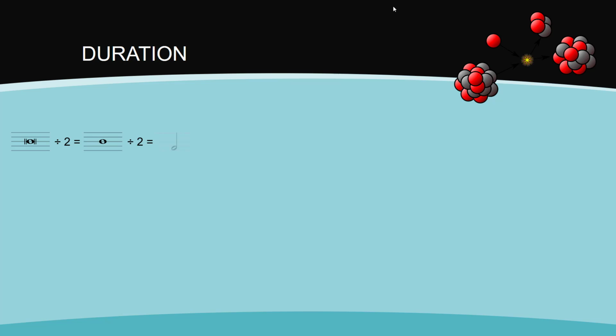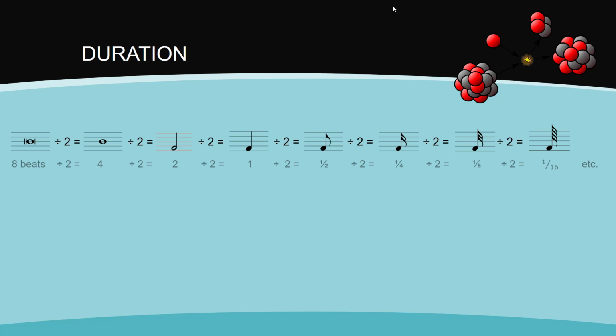Each smaller duration is equal to 1/2 of the previous duration. We can use this idea to show how we have started with the largest duration value, the double whole note, and how the act of continually cutting it in half created the remainder of the duration values. Theoretically, we could continue cutting note values in half to infinity, although at some point the change in duration becomes inaudible to the human ear.